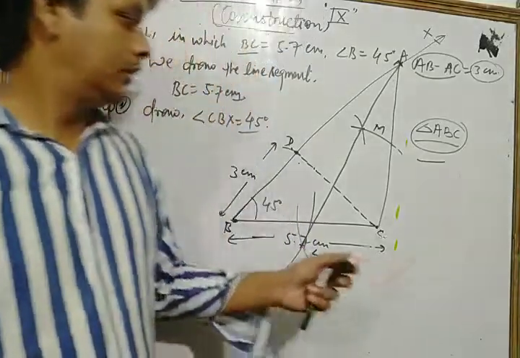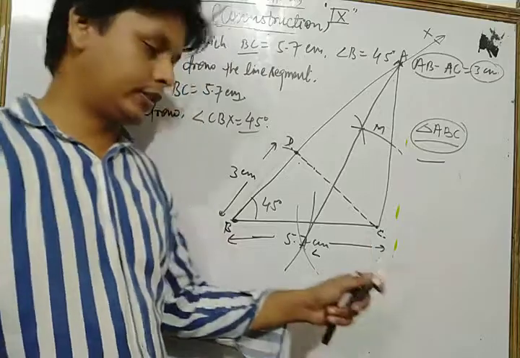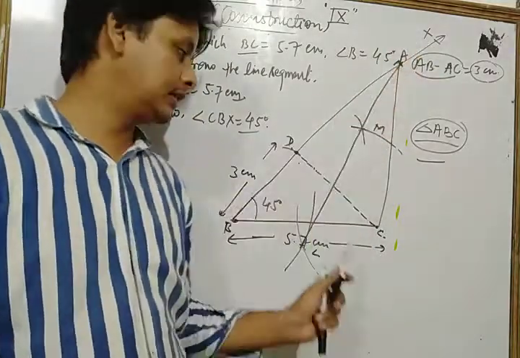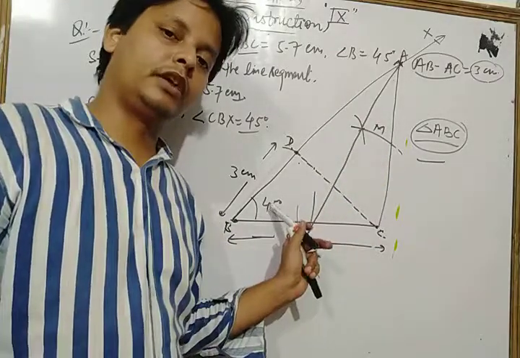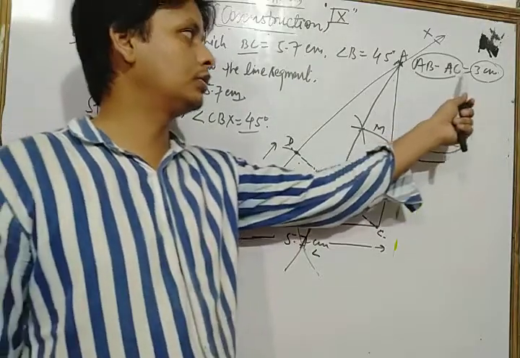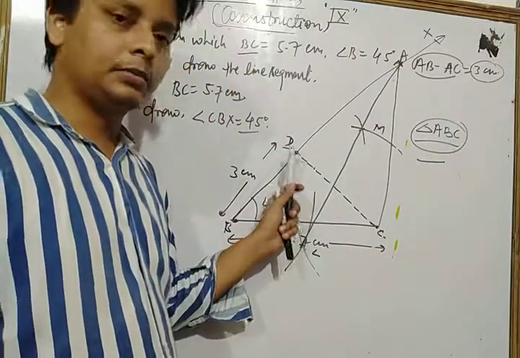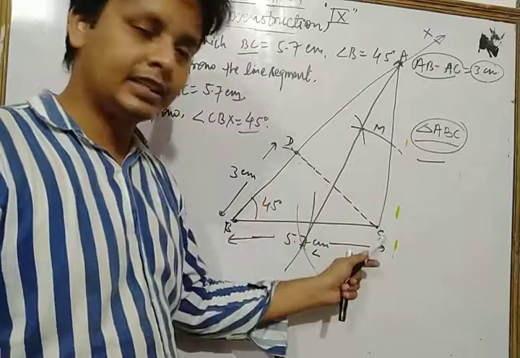First of all, we draw the length of its base. After that, we draw the one base angle as angle CBX. Suppose BX be a ray, and we construct the angle CBX as 45 degree. After that, taking B as center and distance equal to the difference between the other two sides, 3 centimeter, we cut an arc at point D on the ray BX. Now we join CD.